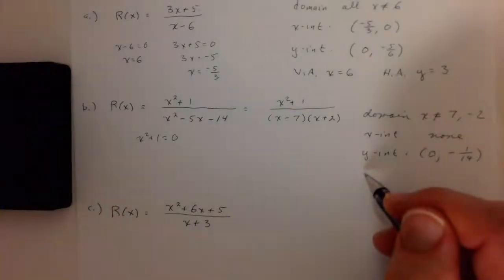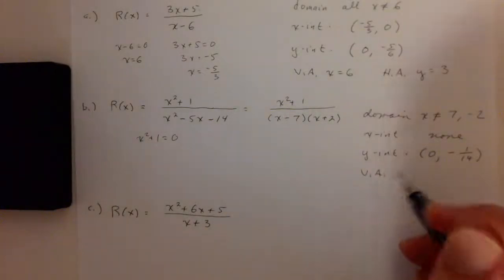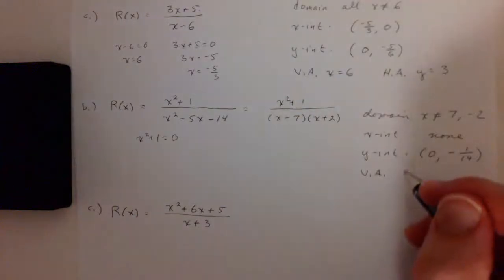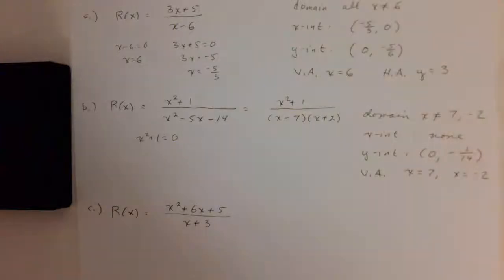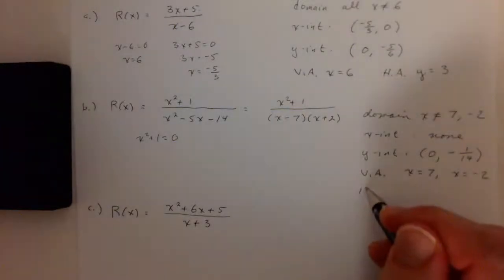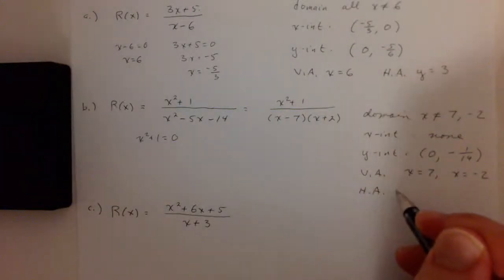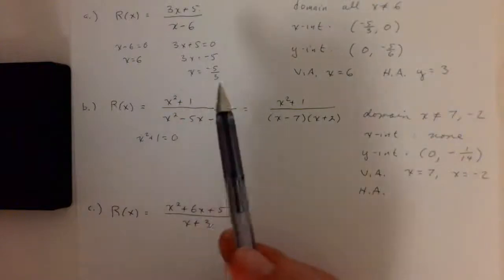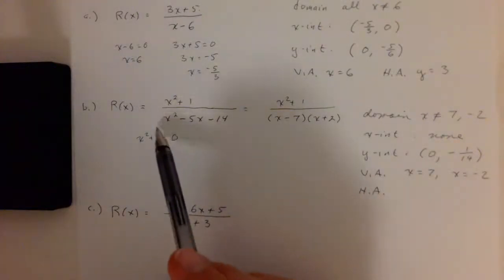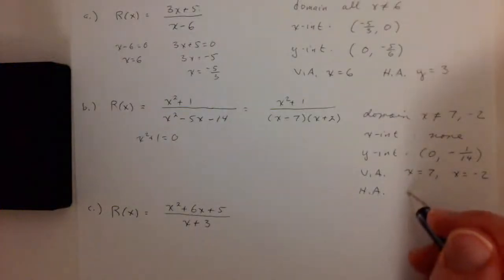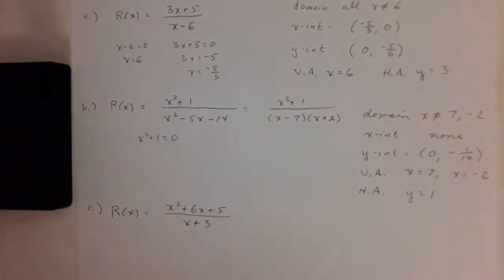The vertical asymptote will be where the denominator is 0: x equals 7, x equals negative 2. And the horizontal asymptote, we look, the degrees are both 2. So we look at the leading coefficients, they're both 1. 1 divided by 1 is 1. So that's the horizontal asymptote.